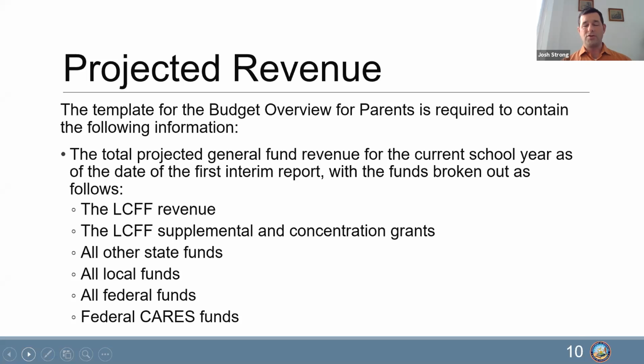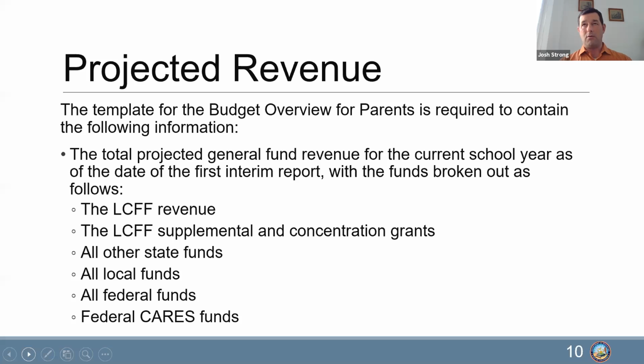So the first component that is required within the budget overview for parents is the projected revenue. The projected revenue includes the following. This is the total general fund revenue for the current school year as of the date of the first interim report.